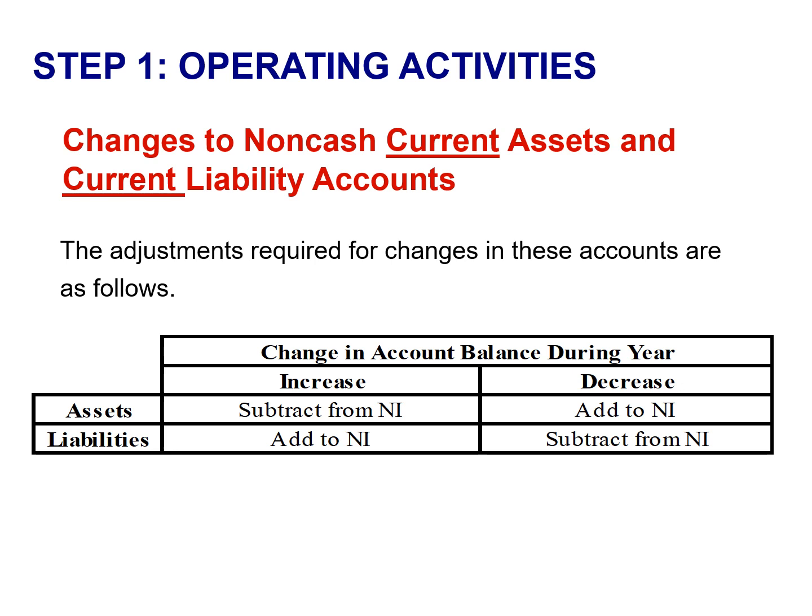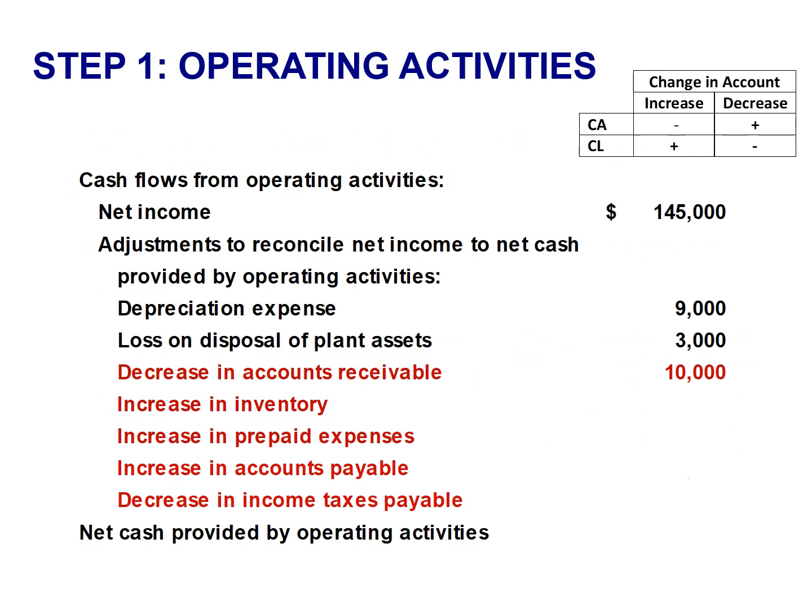This table summarizes how to adjust net income for changes in non-cash current assets and current liabilities. All right, so we know that our accounts receivable decreased, which means we're going to add $10,000. Our inventory increased, so we're going to subtract $5,000.